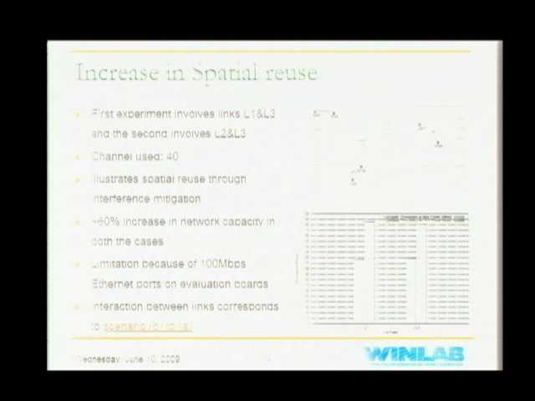The next experiment is to demonstrate the increase in spatial radius. There are 3 links of interest in this experiment, and only 2 of them are in the experiment at a given point in time. First, we study the interaction between link 1 and link 3, and then between link 2 and link 3.